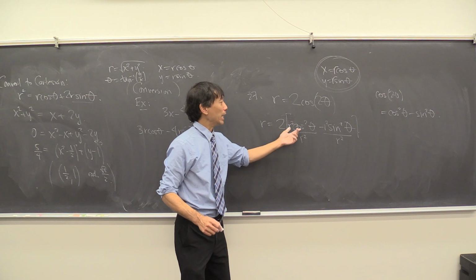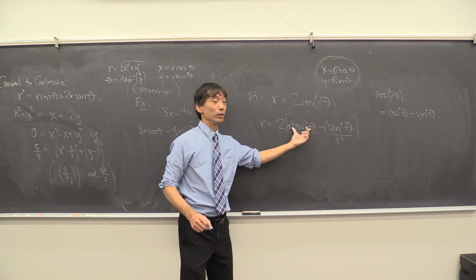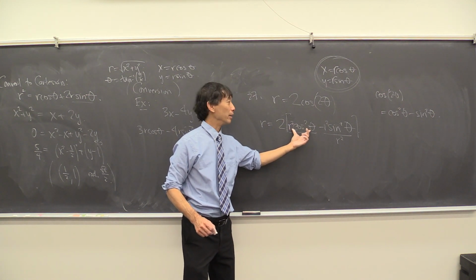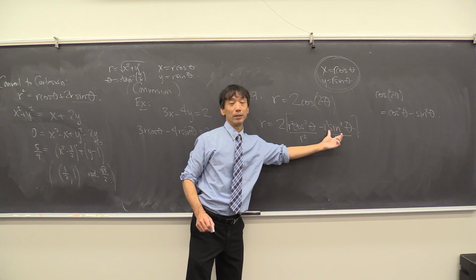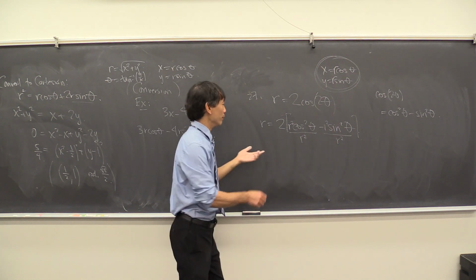Okay, and now we've got the r squared cosine squared theta on the top. We've got the r squared sine squared theta on the top here, and now we can do the conversion.